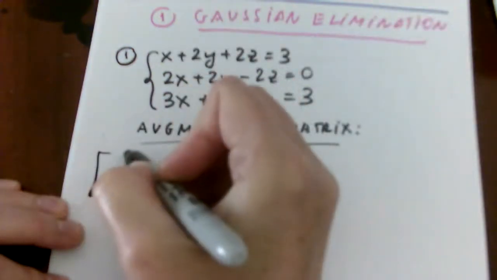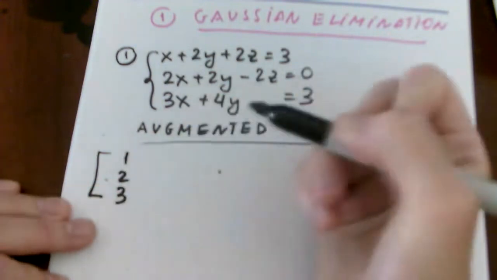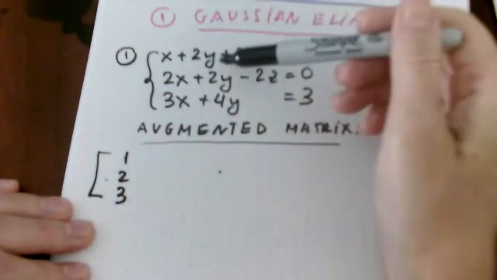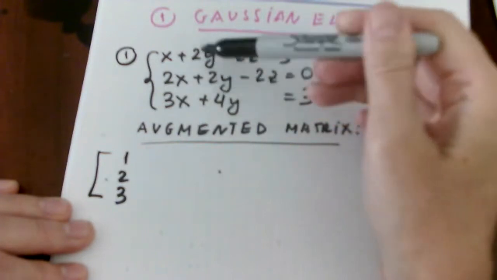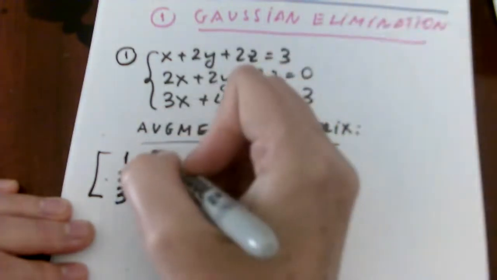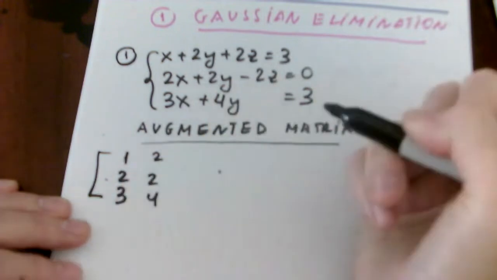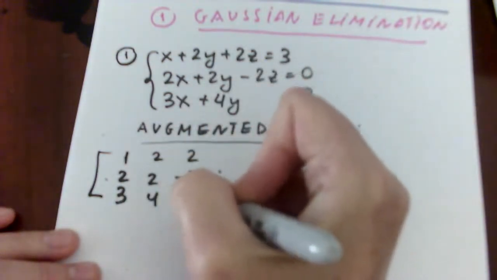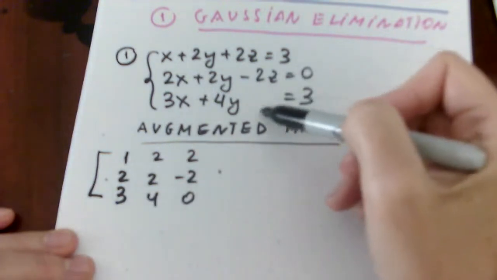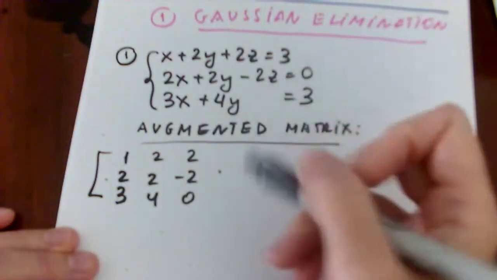So this is going to be our first column as well: 1, 2, 3 in our matrix. The second column is about y. Coefficients in front of y are 2, 2, 4. So this is our second column. And the third column will be 2, minus 2, 0. Why 0? Because there's no z in the third row.